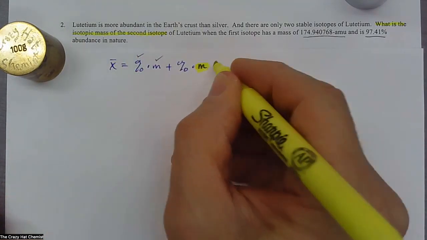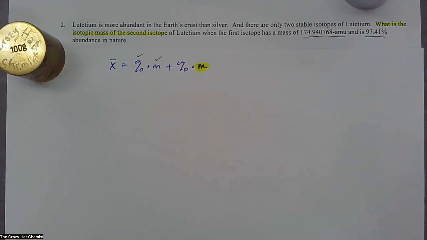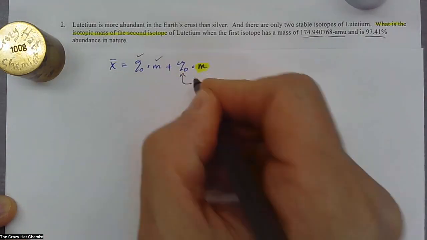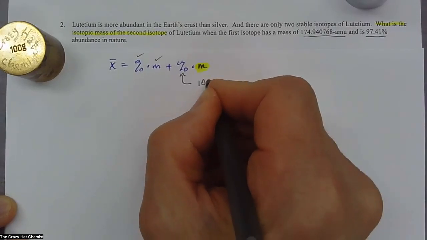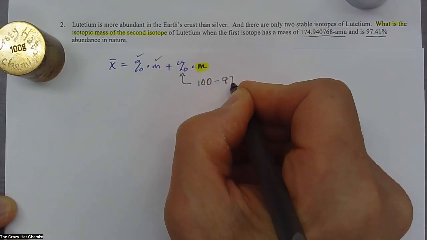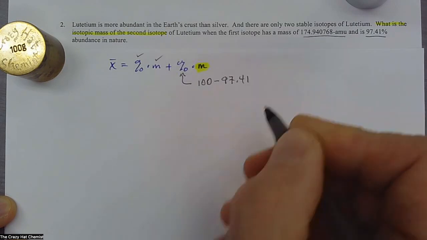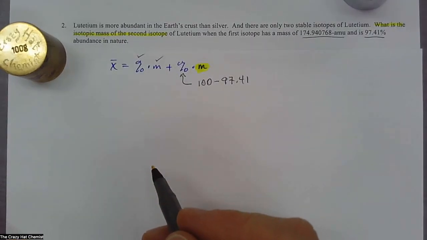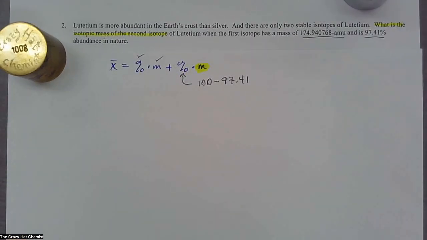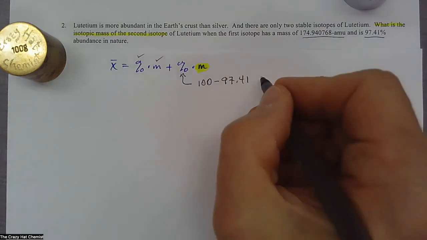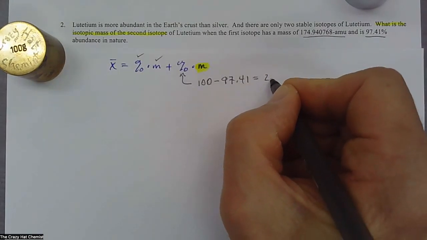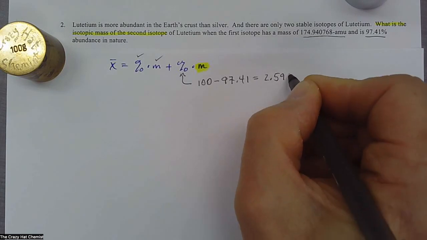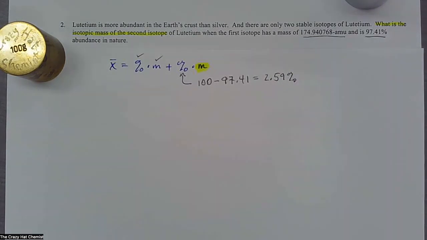So we are solving for this. That means that we need to solve for this percentage. And so that will be 100 minus 97.41, because I have 2 isotopes and they must sum up to 100%. So this will be 2.59%. We're going to write that in decimal form in just a moment here.